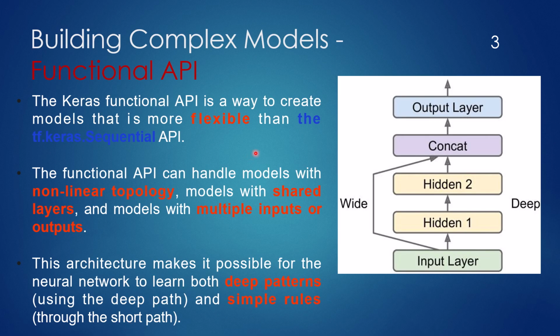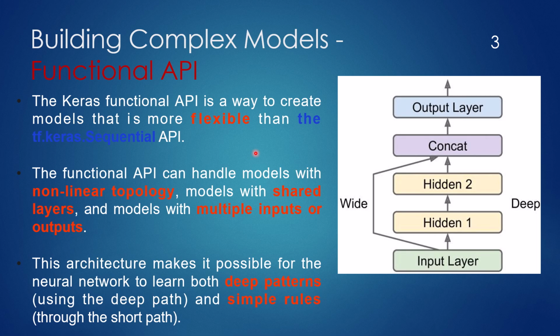Now here we can see building complex models with the functional API. The Keras functional API is a way to create models that is more flexible than the tf.keras.Sequential API.